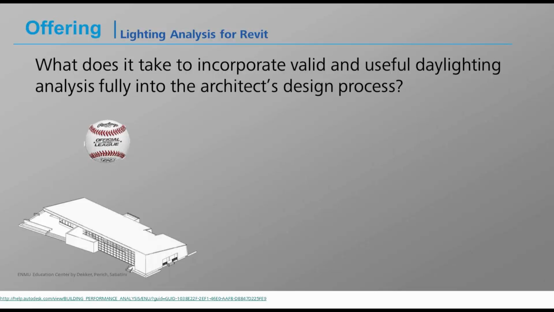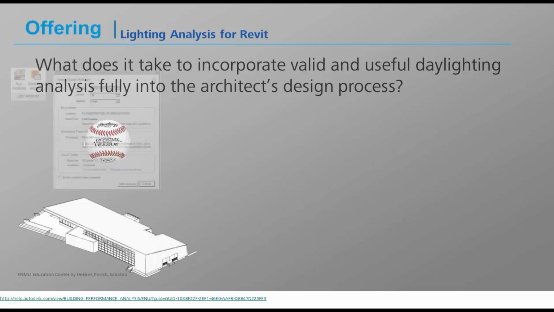The idea is that we want to provide a fully functional, baseball-style daylighting analysis to the architects. We're providing it with, on the surface, a very simplified interface that allows users to move very quickly through the daylighting analysis and results generation process.